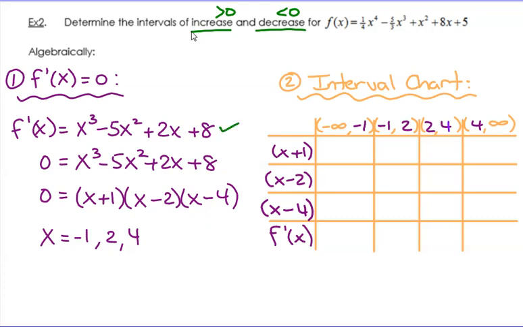So I took the derivative, and I want to know where the special numbers, where my boundary lines are going to appear. And so that is when it equals 0, because remember, those are the peaks. This gives you your max and mins. Okay, and those peaks are important because they break up the graph into the positive and negative regions, so the increasing and decreasing regions.